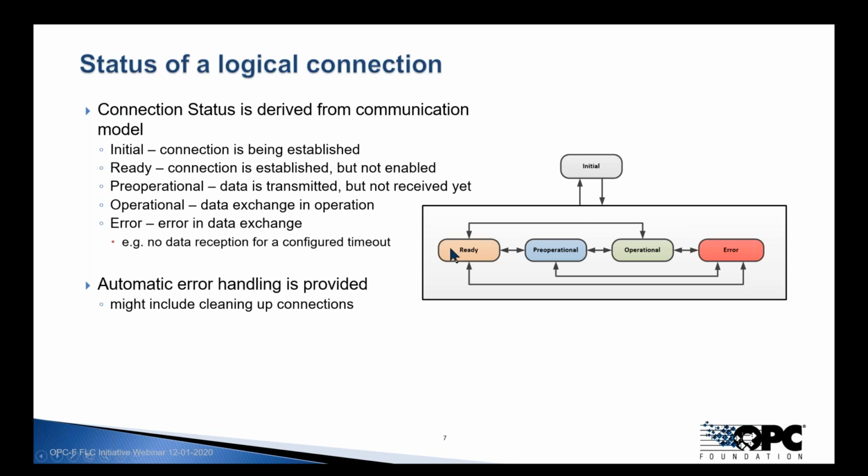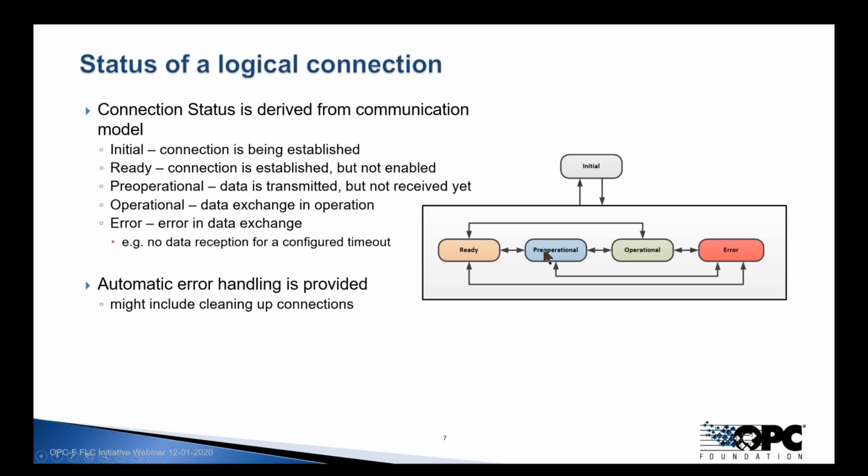Ready means the connection is set up completely, but it's not enabled yet. Enabling is the last step of establishing a connection. If we now enable the connection, both the dataset reader and the dataset writer will be enabled, and we go into the state pre-operational. Pre-operational is sort of an intermediate state, close to operational, but not yet ready.